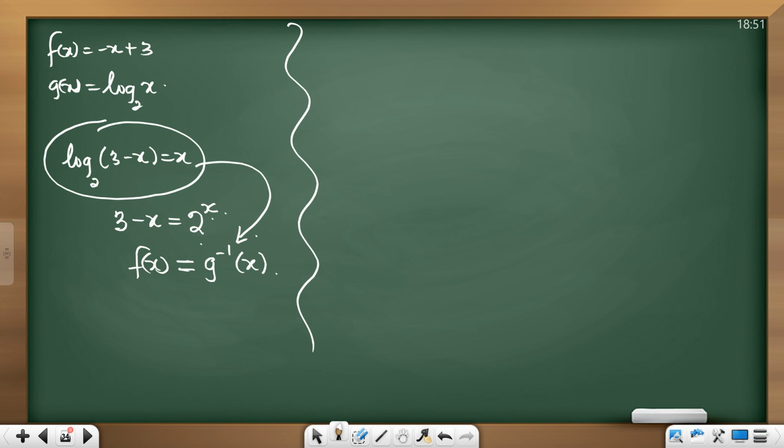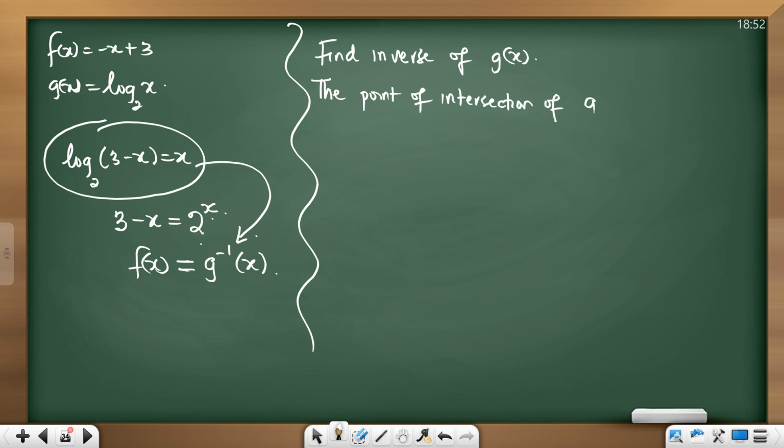So what would I say? I would say find, because we are explaining, the inverse of g of x. And I'll say the point of intersection of g inverse of x and f of x is the solution.